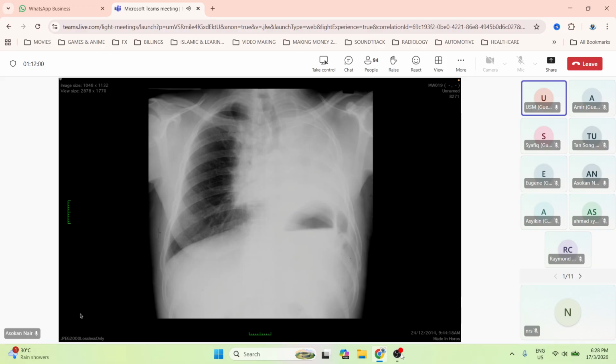Possible differential, it could be an obstructing mass, obstructing the left main bronchus. My first differential would be a left bronchogenic carcinoma.